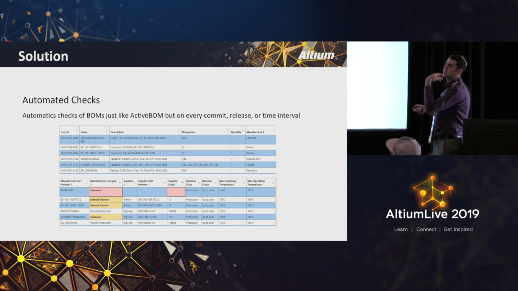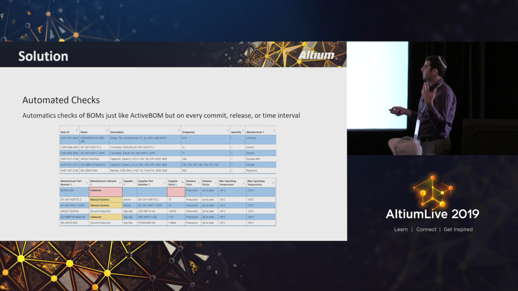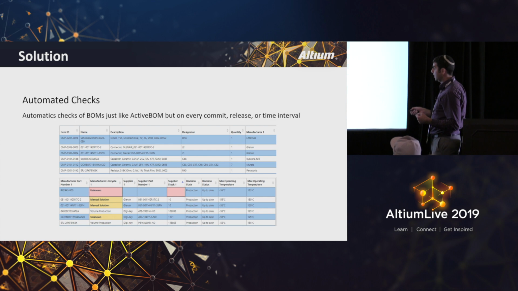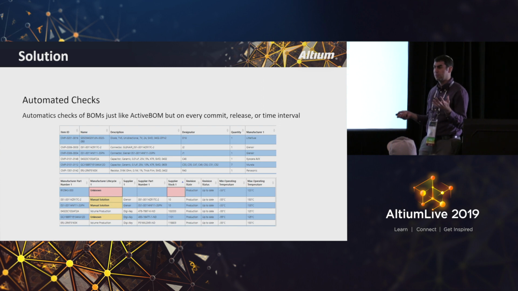This is a custom generated HTML report that we generate internally using a bunch of Python scripts. Essentially what we're doing is checking manufacturer lifecycle, the part, the supplier, stock, and we're also checking the operating temperature range, because we have a specific range that we want for our components. But you can check a whole bunch of different things.